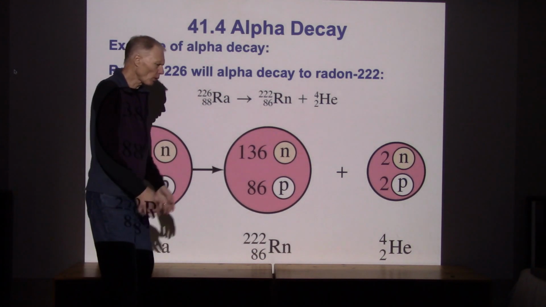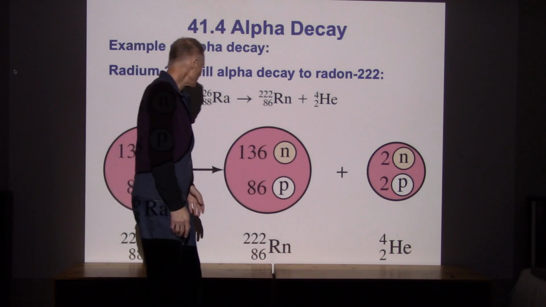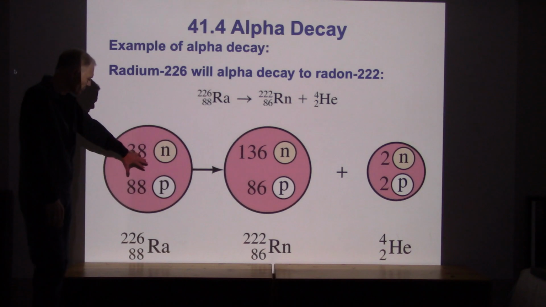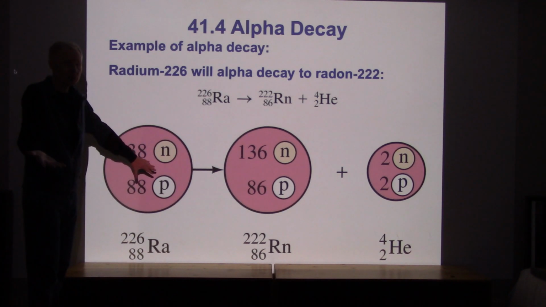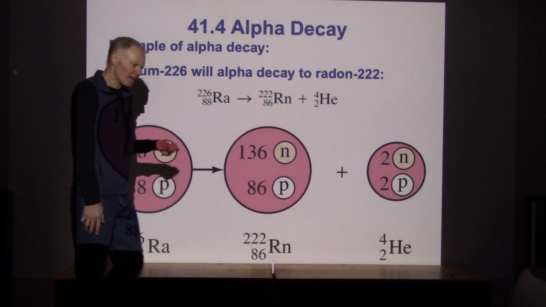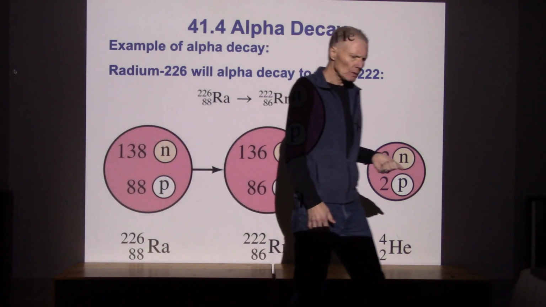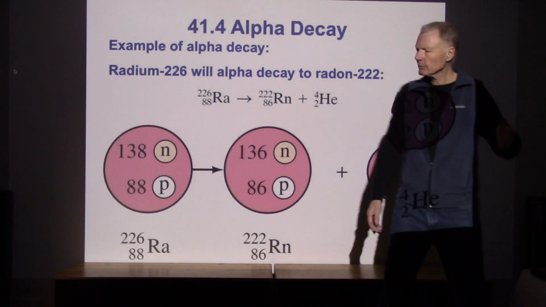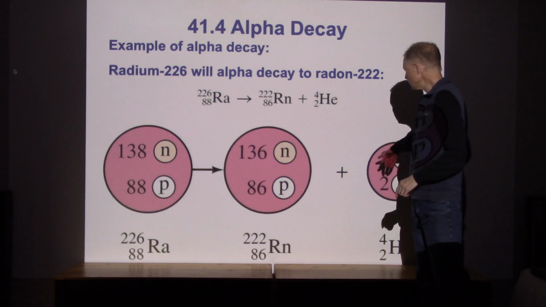Now, where are the electrons in all this? You're thinking, well, I know that the radium, if it was neutral, which is likely, started off with 88 electrons. When these decays occur, the alpha particle leaving probably does not take any electrons with it.